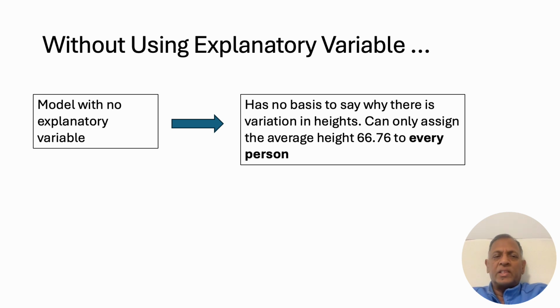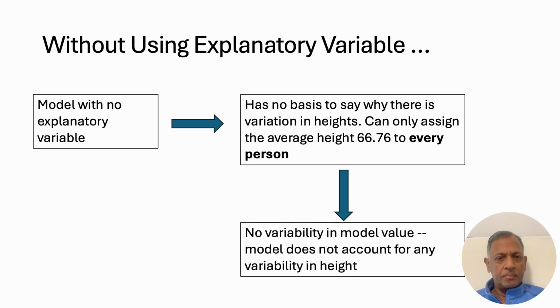In other words, if I say I selected a person at random from this set, can you tell me their height? The best we can do is to guess the average height. So no matter which person you select, the model value is always 66.76, which is the average.